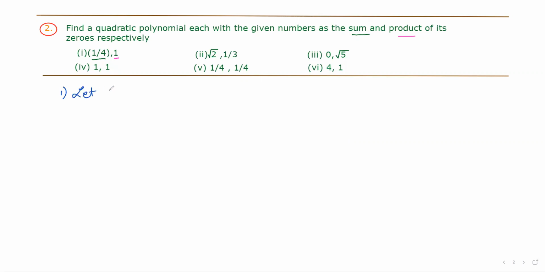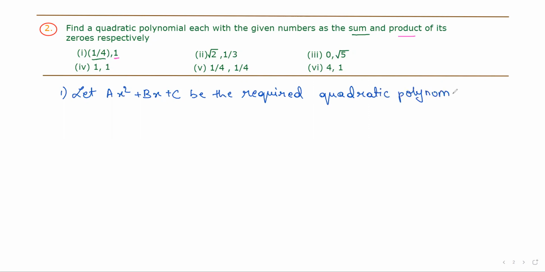Let ax squared plus bx plus c be the required quadratic polynomial. Given that sum of zeros is equal to 1 by 4.